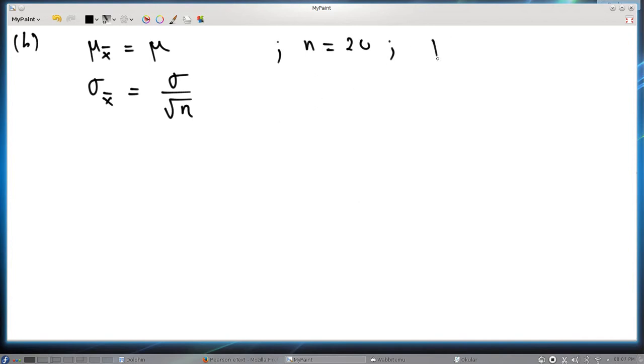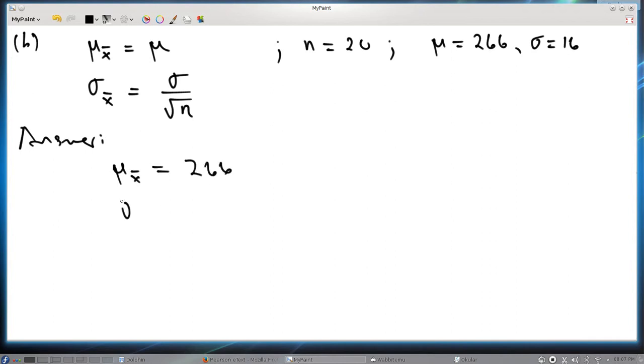The problem also gave us that the mean value is 266 and the standard deviation of the population is 16. Therefore, the answer to this question is that the mean value of the sampling distribution is also 266. The standard deviation of the sampling distribution is 16 divided by the square root of 20.